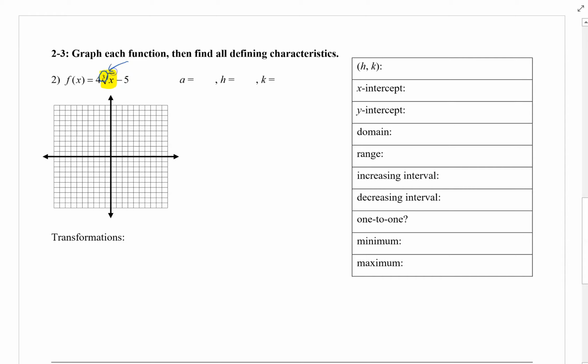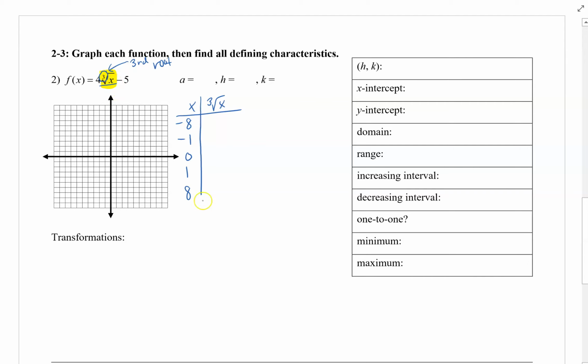You've really got to pay attention to the index, which here is telling me, okay, my parent function is a cube root, a third root, not a square root. That makes a big difference when I'm deciding what kind of points I can plug in for x. Because remember, for a cube root, I can plug in negatives. In fact, I should plug in negatives so I can see the full shape of the graph.